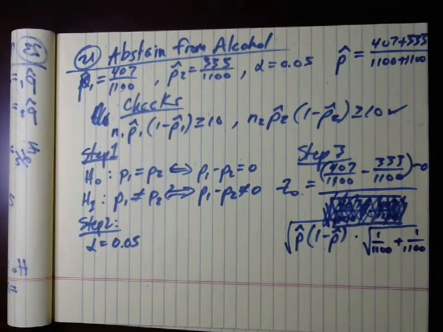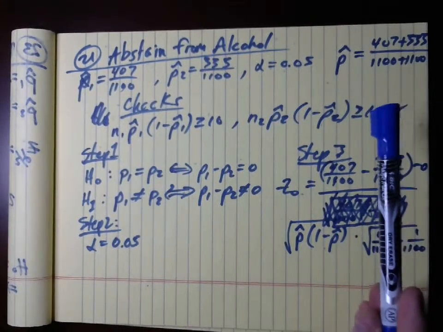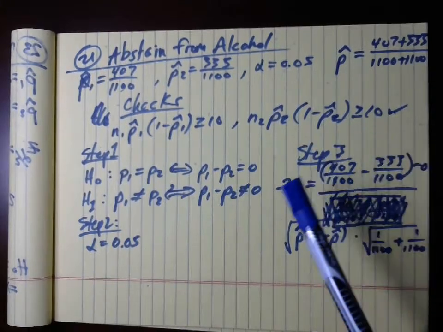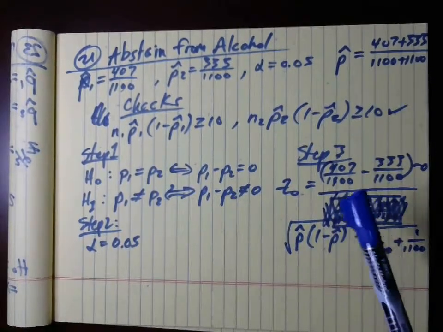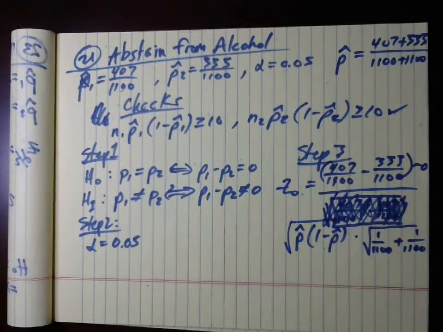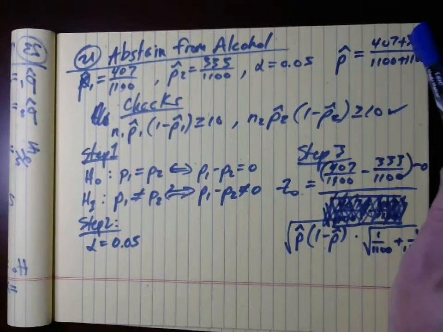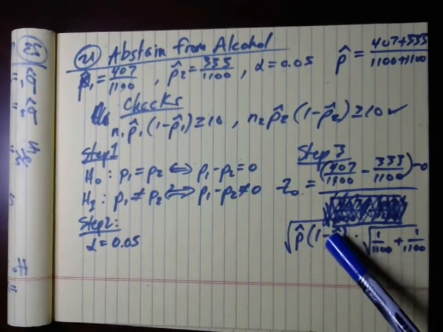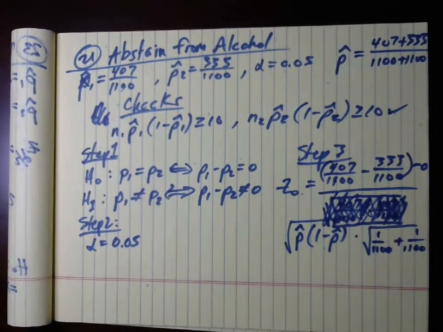So that's one big difference between the hypothesis test and the confidence interval. Notice I did not use the pooled estimate of P in the confidence interval, but we had to use that here. You just substitute this value right here and right here.